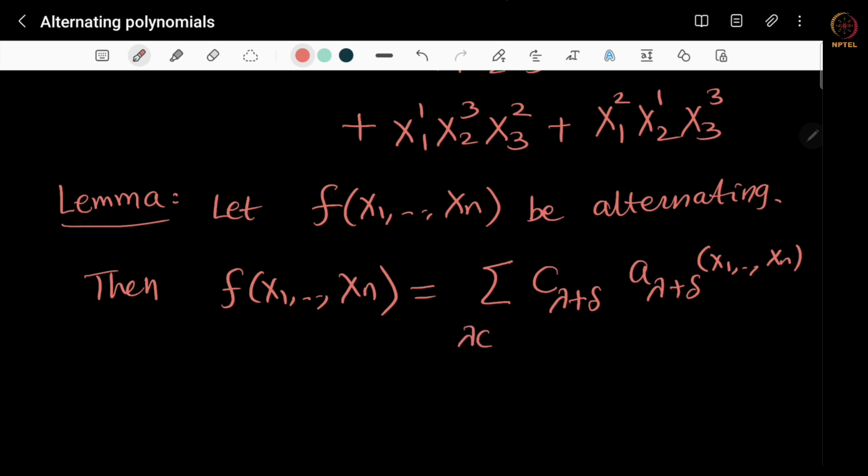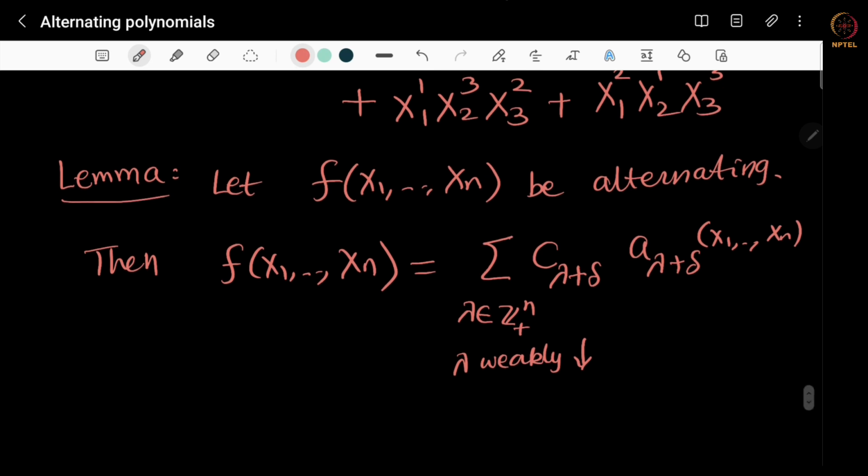And of course, here's the next lemma, which tells you that alternants perform the same role as monomial symmetric functions for the case of alternating polynomials. So the lemma says: let f be alternating.